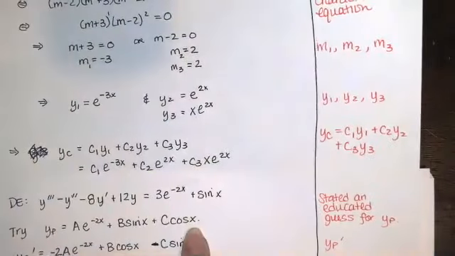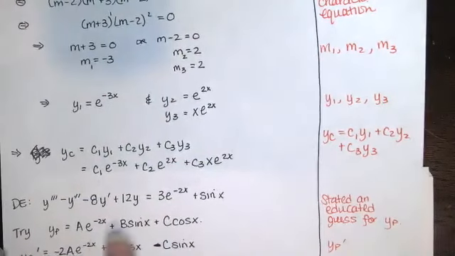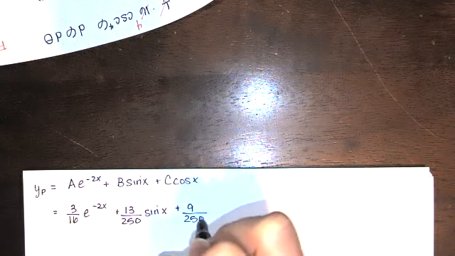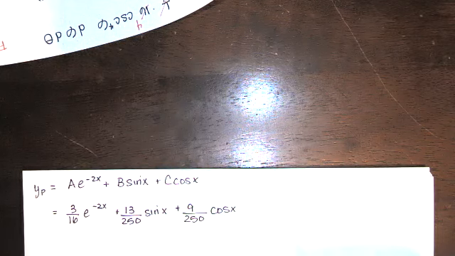That was our guess. As long as we're consistent with that guess, the a, b, and c that we just found should work. So a should equal, according to our work, 3 over 16. B is 13 over 250. And C is 9 over 250. That's our y sub p.